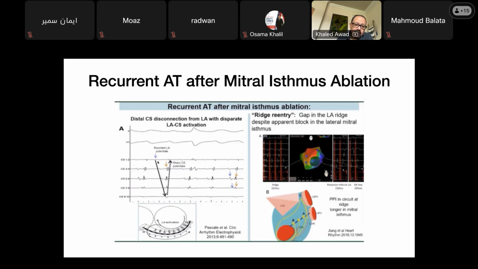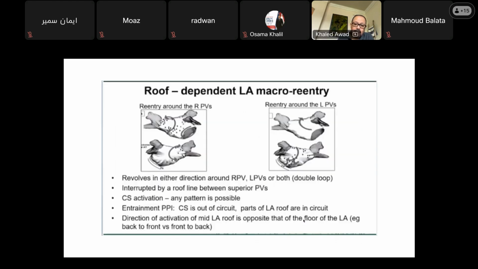So the earliest epicardial activation here is towards the distal part of the coronary sinus, and that denotes that you have re-entry that involves essentially the epicardial part, that line. It goes right back into the left atrium, spins around the mitral annulus, and comes right back.